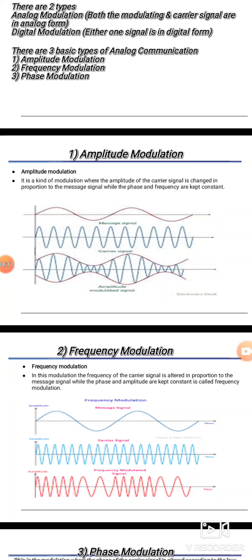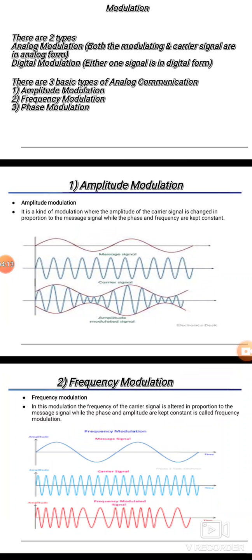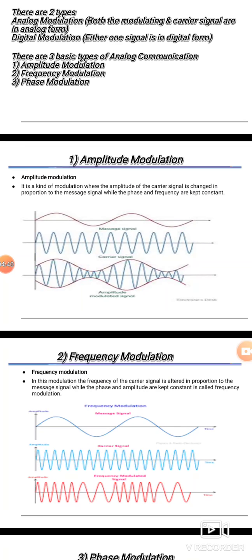First we will see the difference in AM, FM and PM. Amplitude modulation is abbreviated as AM, frequency modulation as FM, and phase modulation as PM.